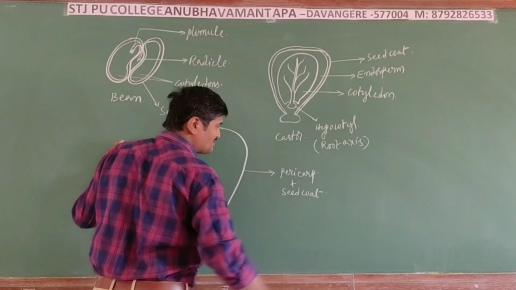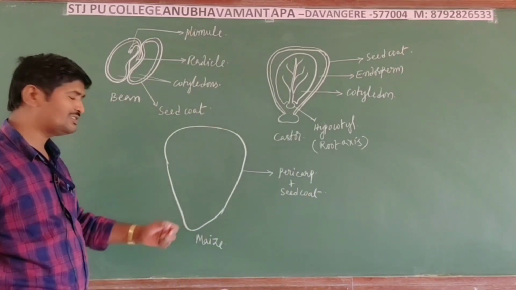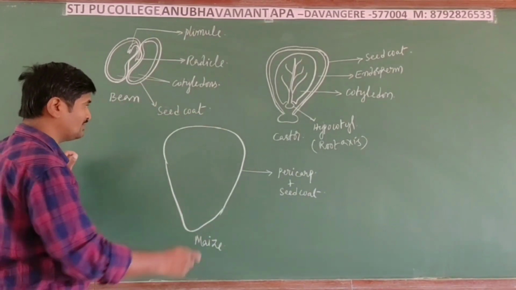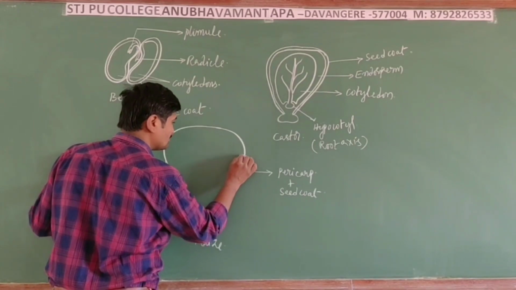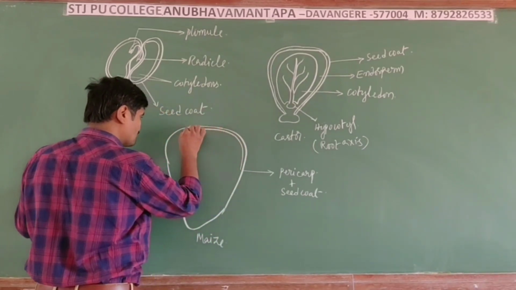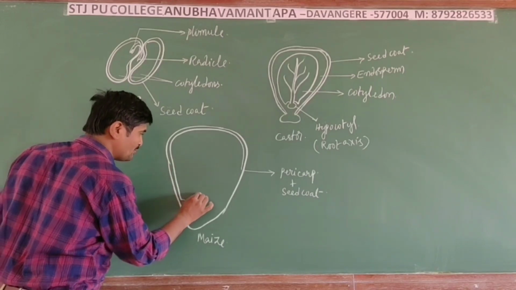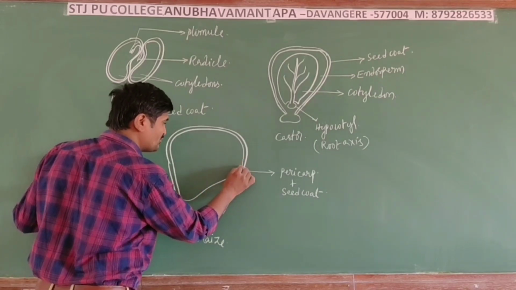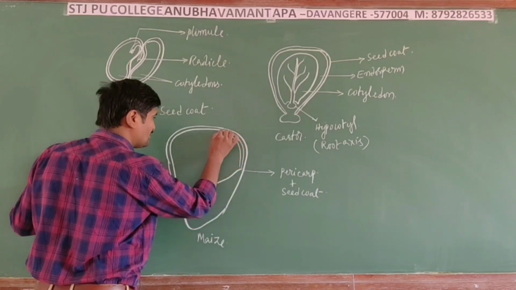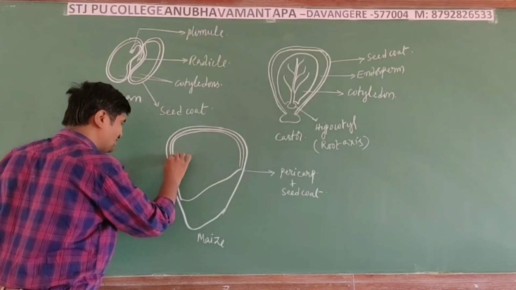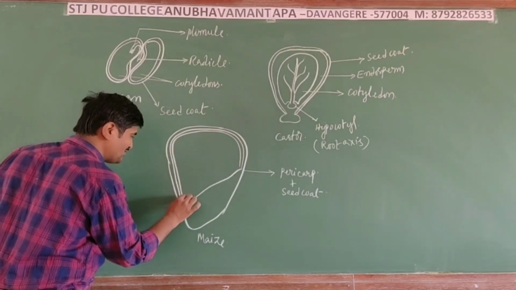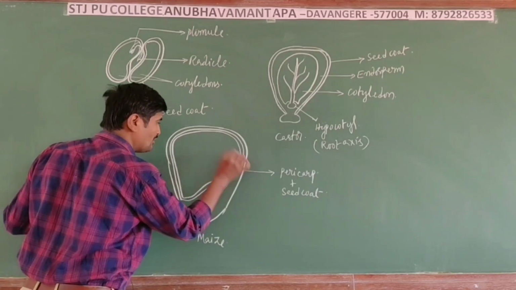The pericarp and seed coat are both fused in the seed structure of the maize. Next one. This is a large endosperm. The large endosperm is separated from the cotyledon by a special layer known as the aleurone layer. This one.